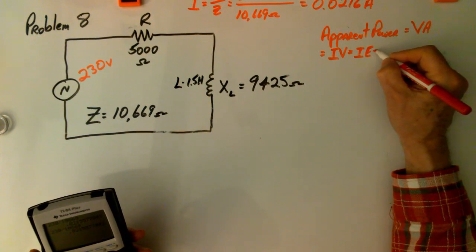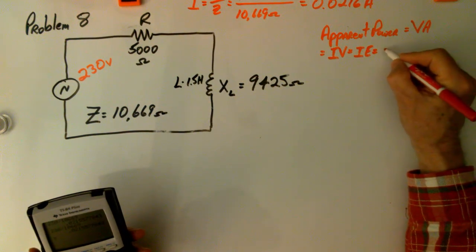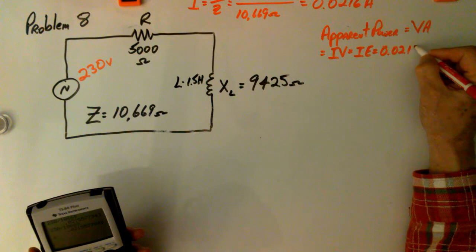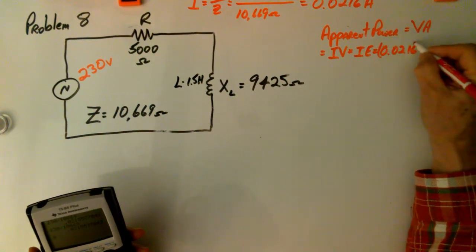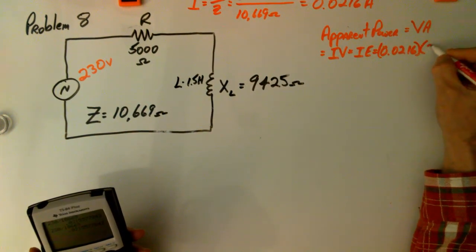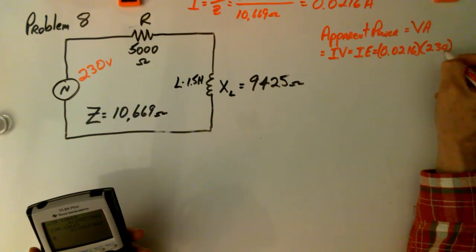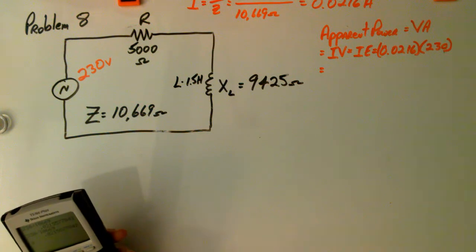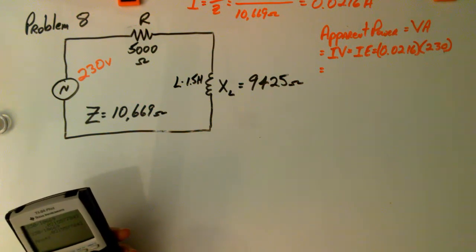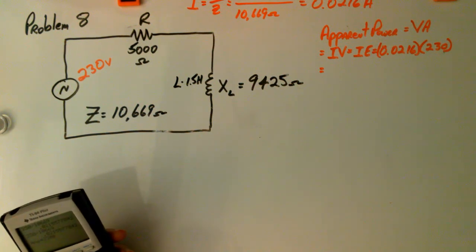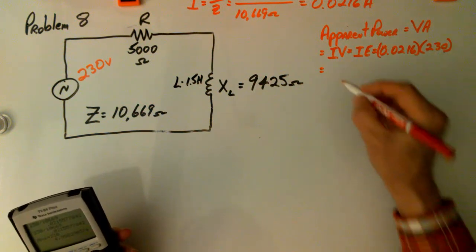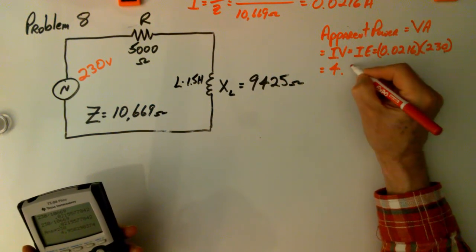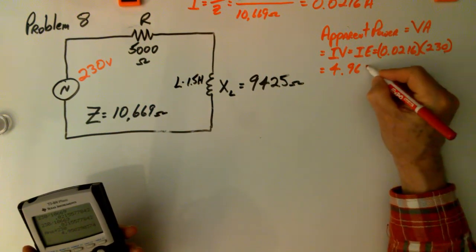The apparent power for us is 0.0216 amperes times the applied voltage, 230 volts, and that will give us 4.96 volt amperes.